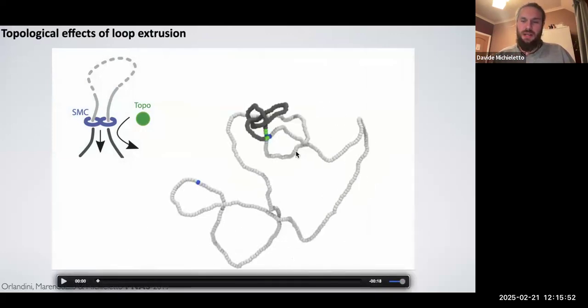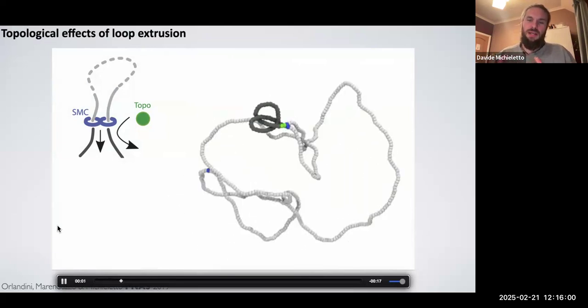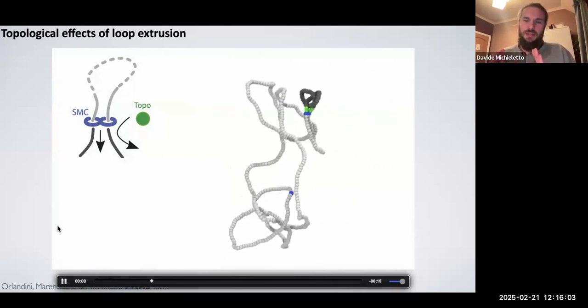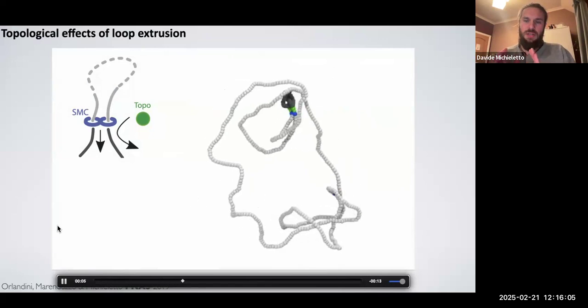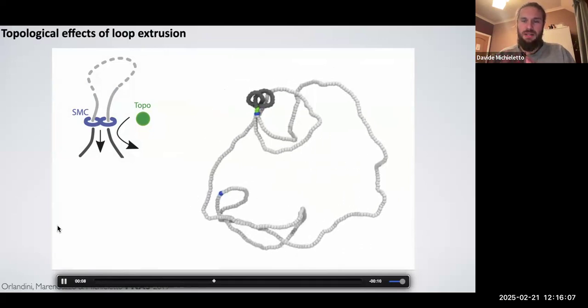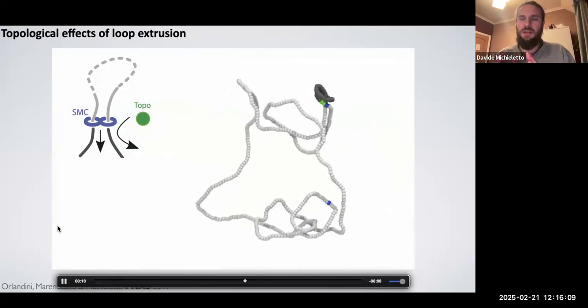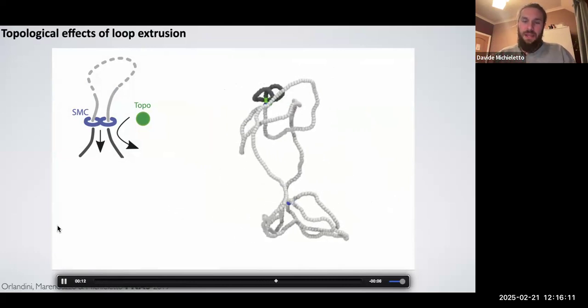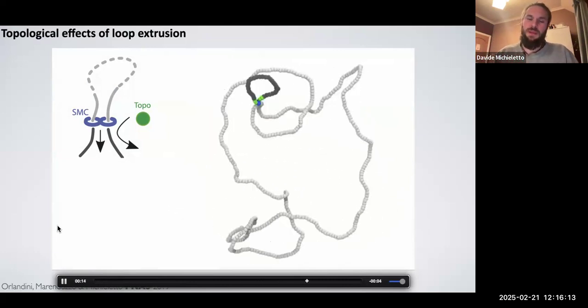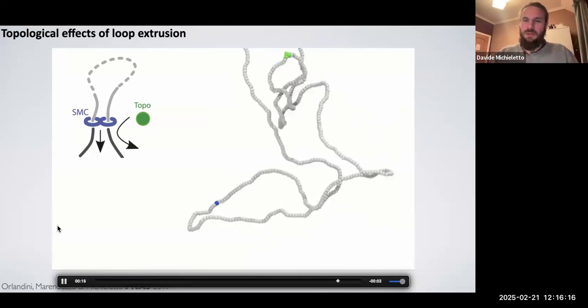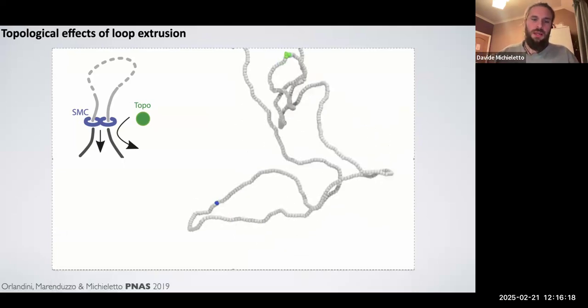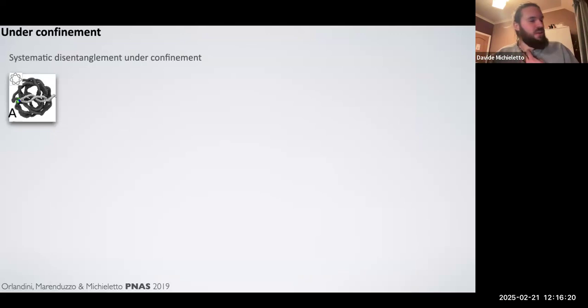Here there is already some loop extrusion that has occurred, so it's all the white part. The knot is already a little bit localized here, and then it gets even more localized, and then eventually, because of those green beads and because it's entropically favorable for the knot now to open up and explore more configurations, you've undone the knot. So it's quite interesting. That is an example in an ideal system.